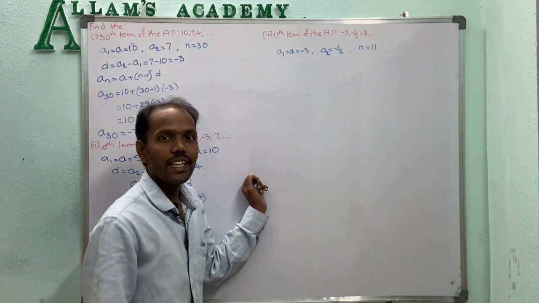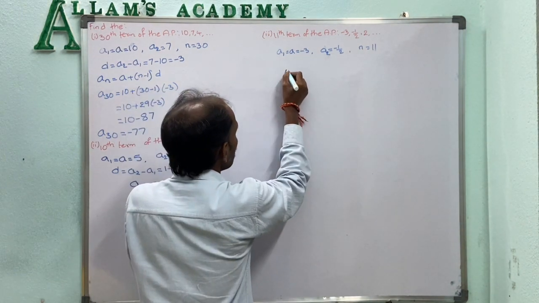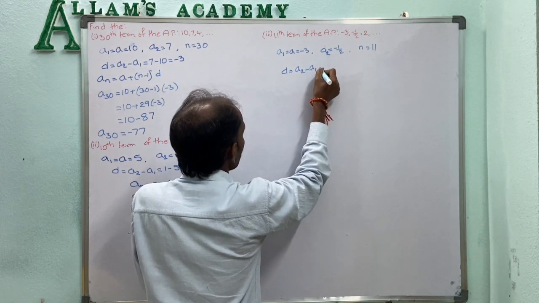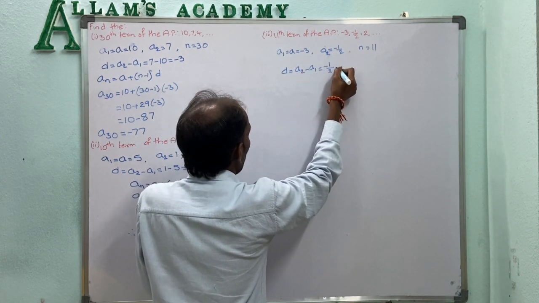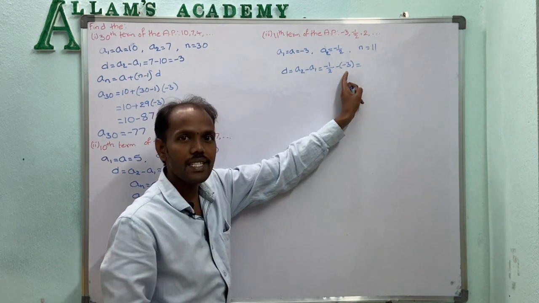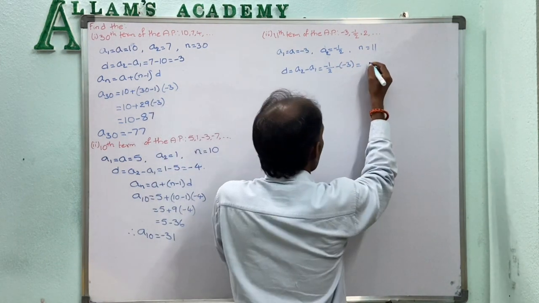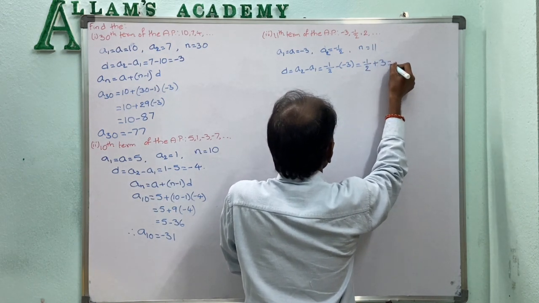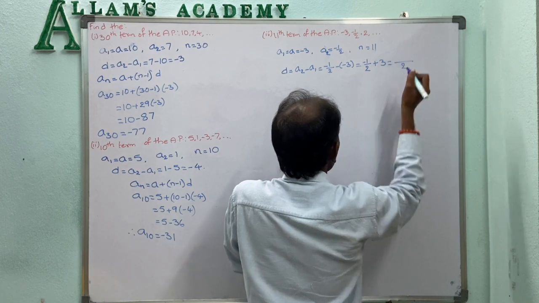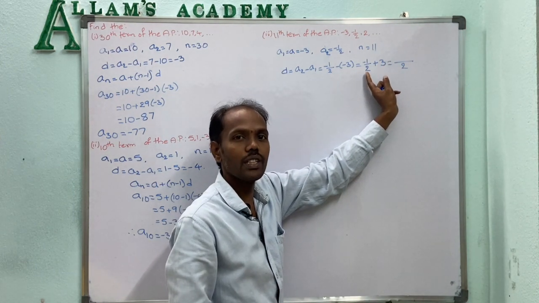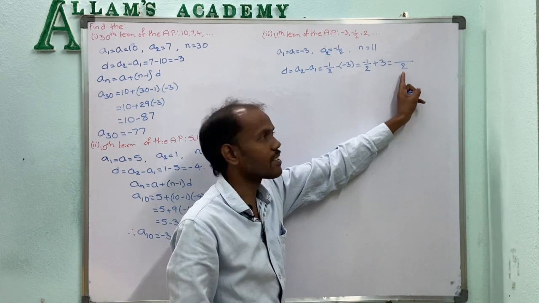Now we find the common difference d equals a2 minus a1. a2 is minus 1 by 2 and a1 is minus 3. So minus of minus 3 is plus 3. So minus 1 by 2 plus 3. Here if we take the LCM, 3's denominator is 1 and the other denominator is 2, so the LCM is 2.